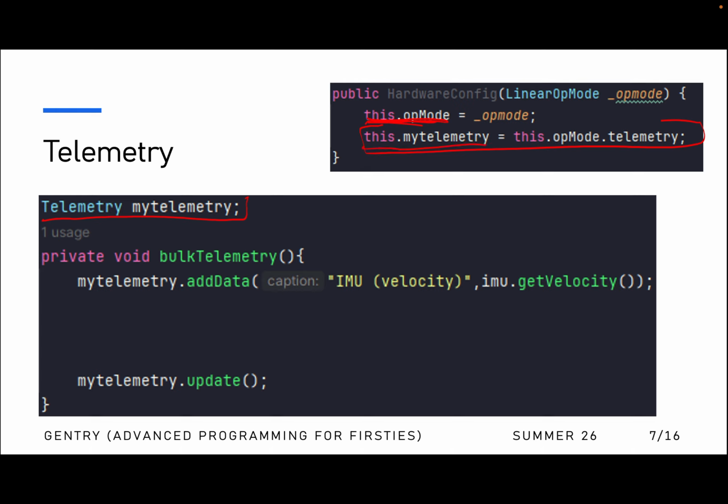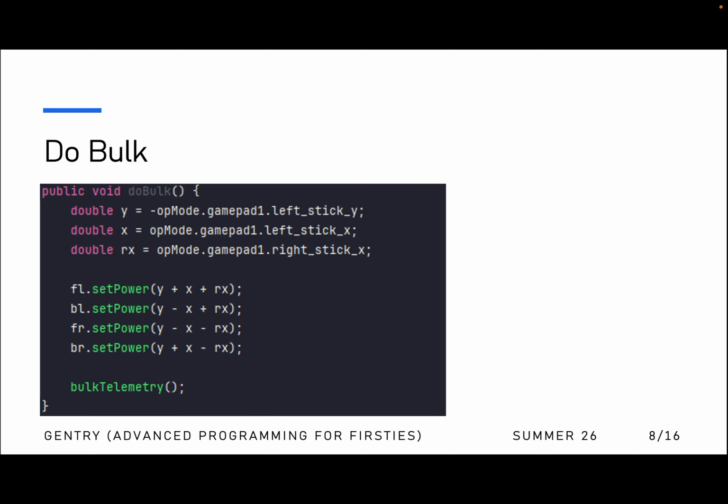And then we'll call it this.myTelemetry, which is the name right here. And we'll add the data for IMU velocity, and we'll just do all that. And then at the very bottom, right before the bracket, we'll update it. So next we have doBulk.